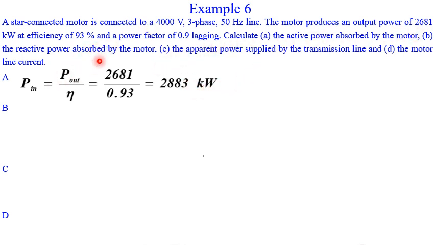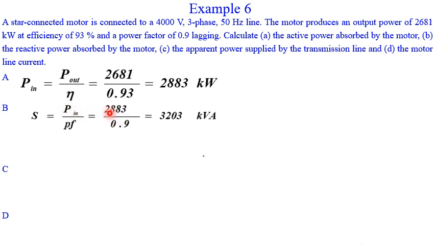So here it's just formula work. What was the reactive power? Reactive power is Q, right? But before we calculate reactive power, we have to first calculate the apparent power. The apparent power is equal to the power divided by the power factor. So we have our P in divided by our power factor.